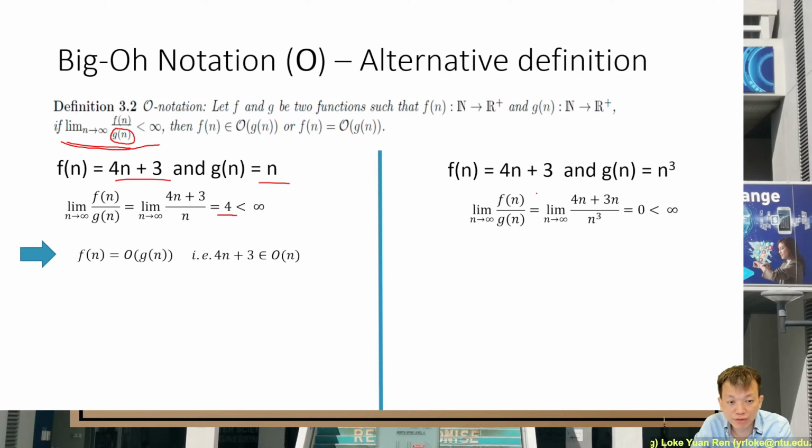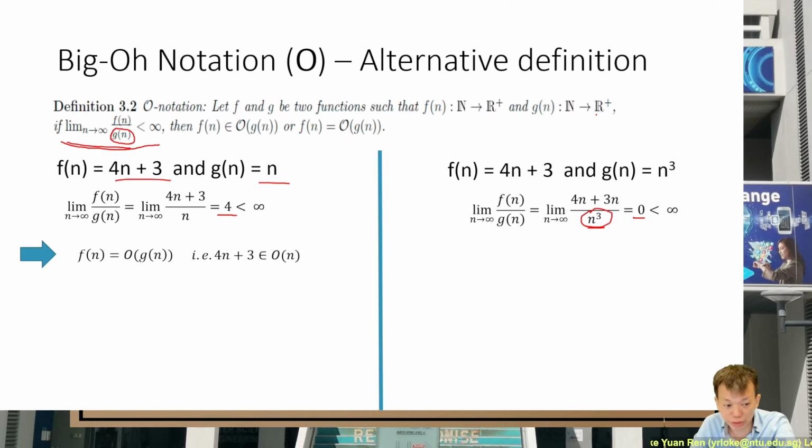Another one is 4n plus 3 over n cubed. You take the limit and it is 0. Not surprising, because n cubed grows faster, so the denominator will definitely go faster than the numerator. Eventually, when n goes to infinity, you will get 0.